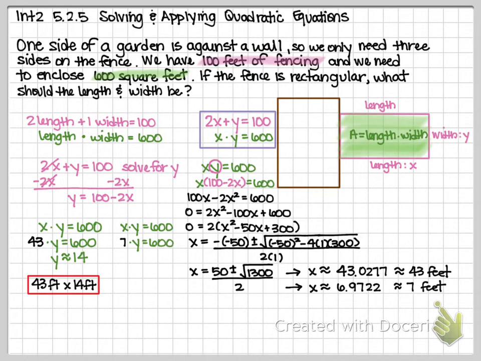Let's go ahead and divide that. And this is going to be an approximation. So if we do 600 divided by 7, that's going to give me 85.7. So let's say approximately 86. Okay, so the other thing that it could be is maybe 7 feet by 86 feet.